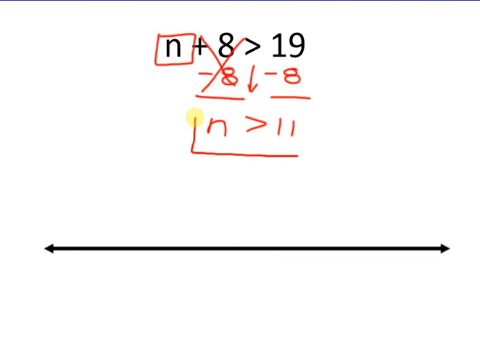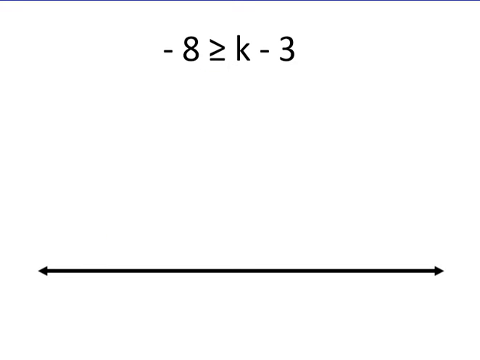Your answer is N is greater than 11. Now we're going to graph. 0 here, negative 11 here, positive 11 here. This tells me open circle, and I'm going to the right. That's it.